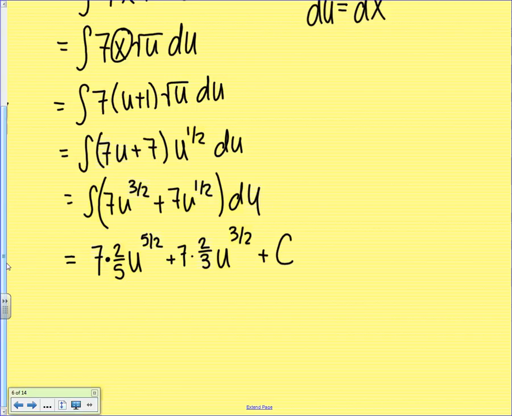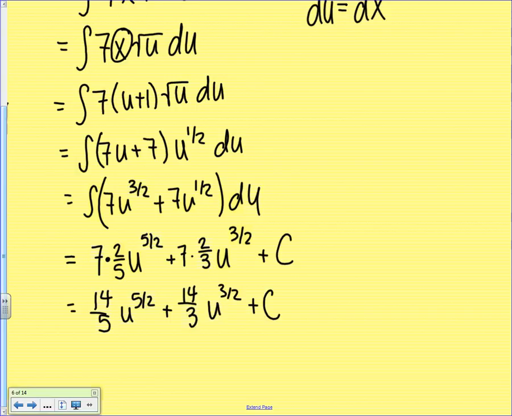So now you can go ahead and multiply, and you get 14 over 5 u to the 5 over 2, and then you get 14 over 3 u to the 3 over 2.